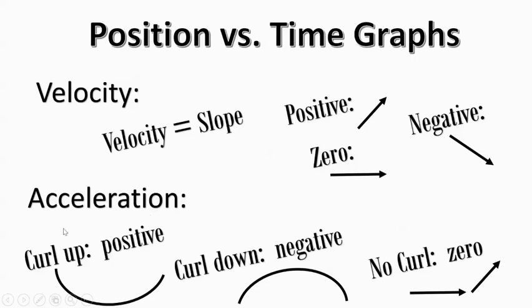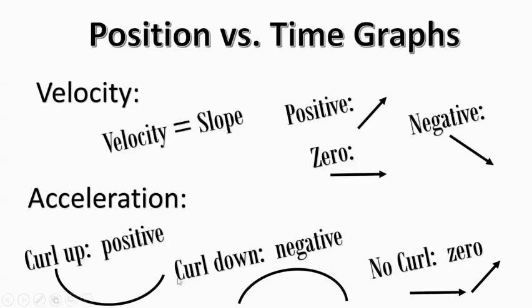You can also tell the acceleration from a position graph. Anytime the graph curves at all, there's going to be some acceleration. It's not going to be zero. And there's a rule that says that if the curl is upward, then the acceleration is positive, and if the curl is downward, then the acceleration is negative.